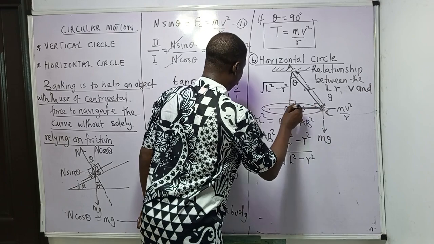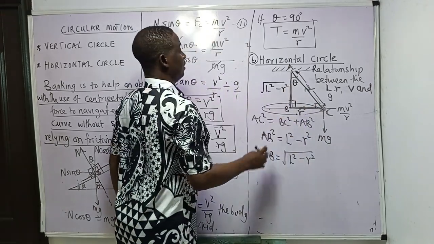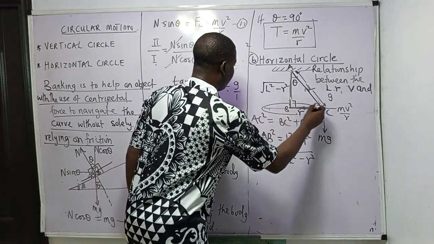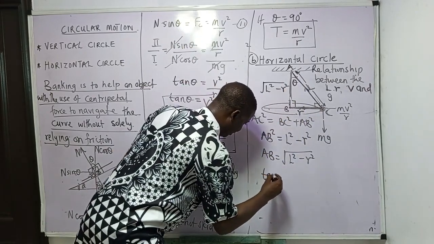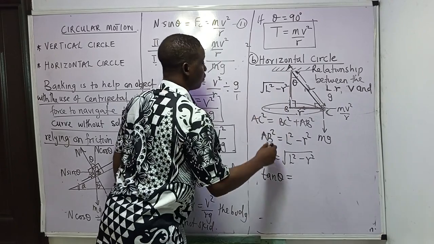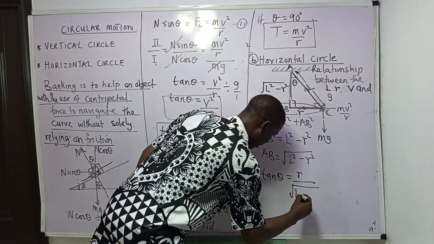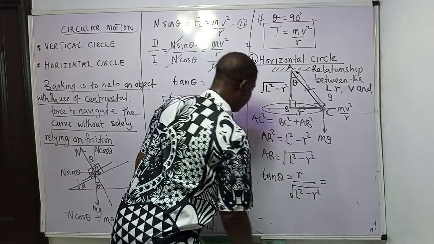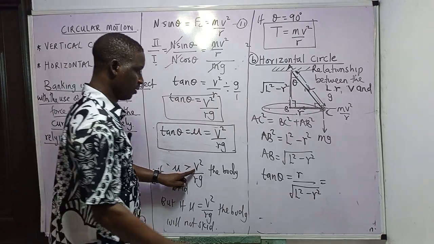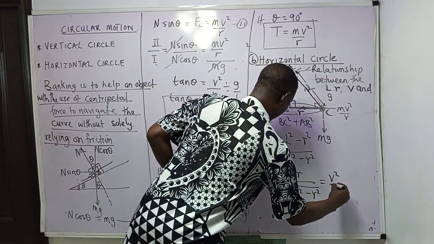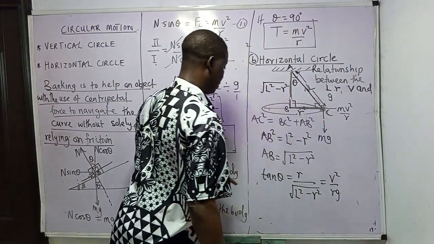Here is opposite, and here is adjacent. Now, opposite over adjacent equals tan theta. So tan theta equals R over square root of L square minus R square. Tan theta is also V square over RG.